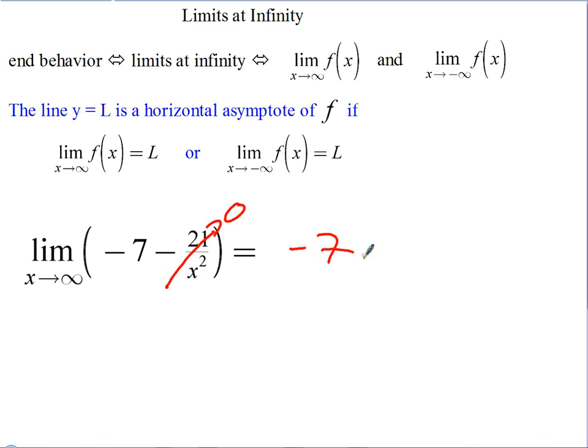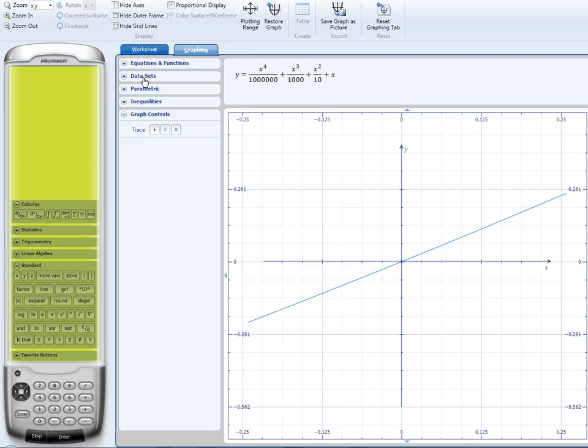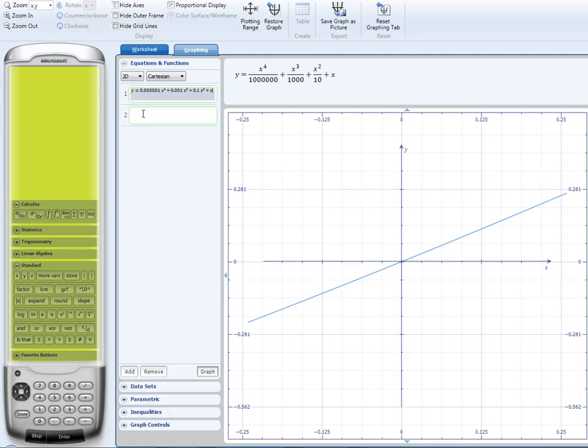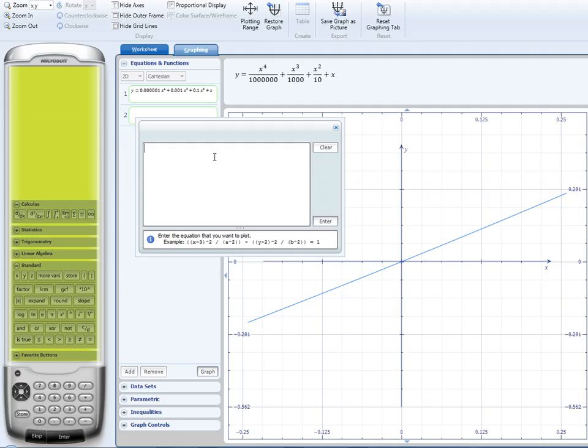Let's just see what that looks like. So if I take, I hope this doesn't mess it up. I don't think it will. What was it? Negative 7 minus 21 over x squared.